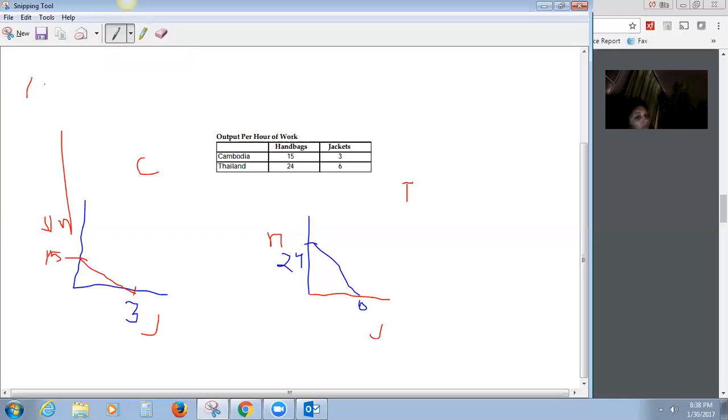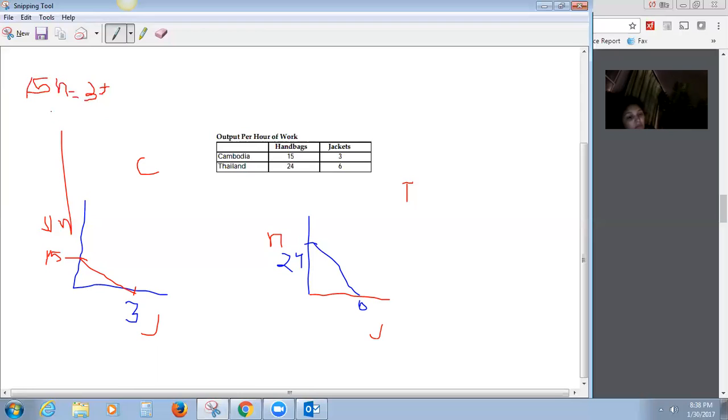So this tells you, you've got 15 H's are equal to 3 J's. And so opportunity cost is just asking you, for every single handbag that they make, how many jackets do they give up?